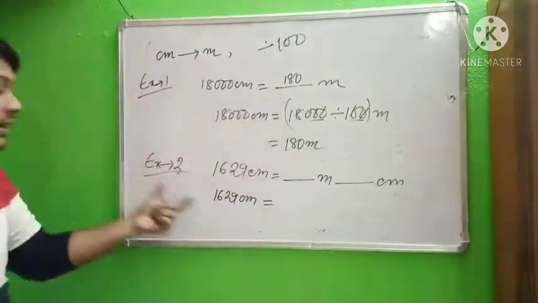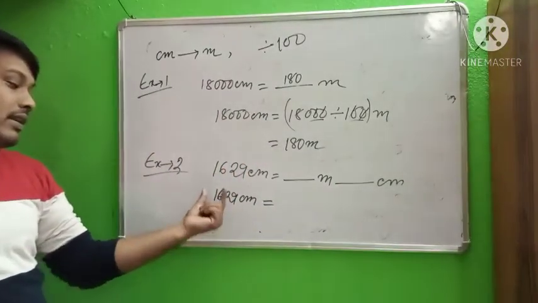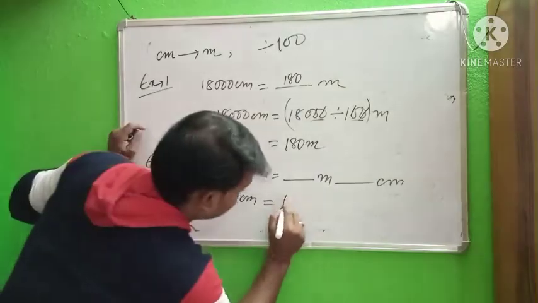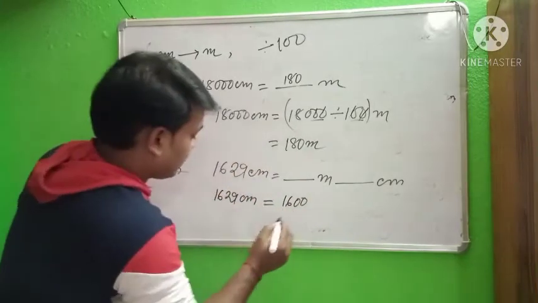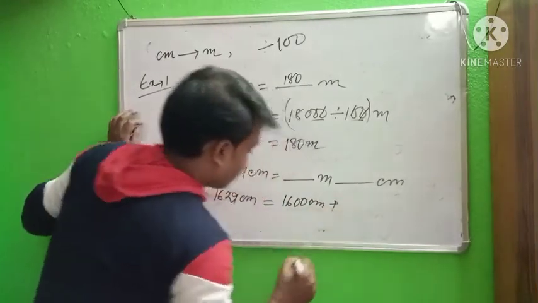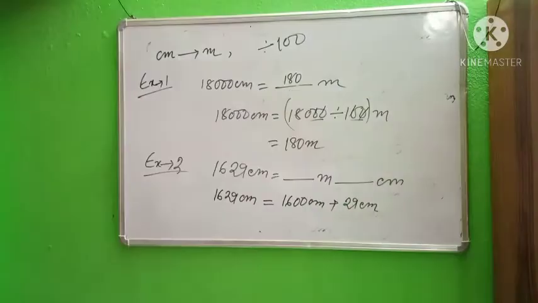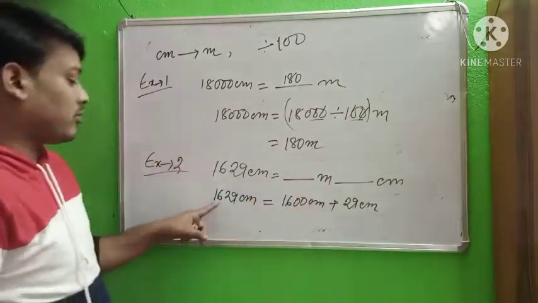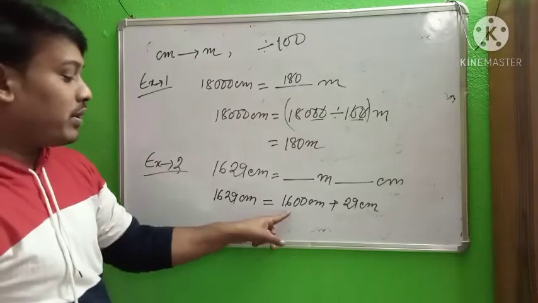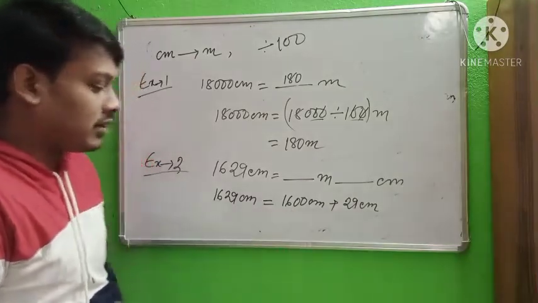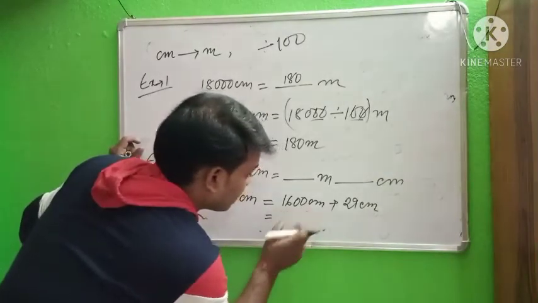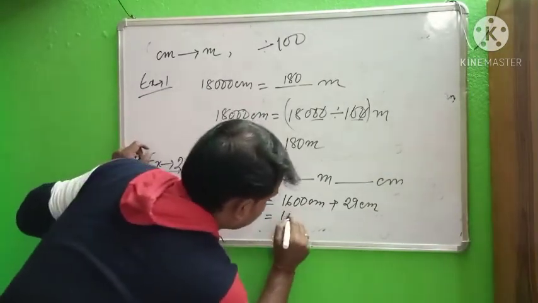So we write it in expanded form in this way: 1600 centimeter plus 29. So 1629 centimeter equal to how many meter and how many centimeter? 1629 can be written as 1600 plus 29. Okay, now we convert this 1600 centimeter into meter.